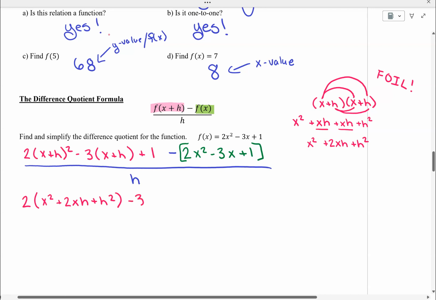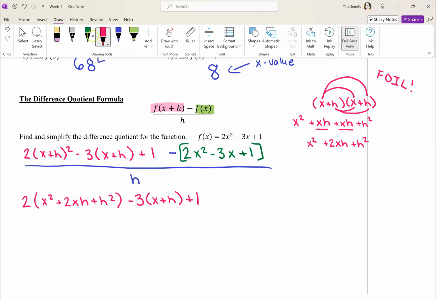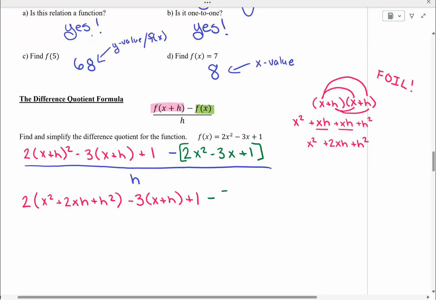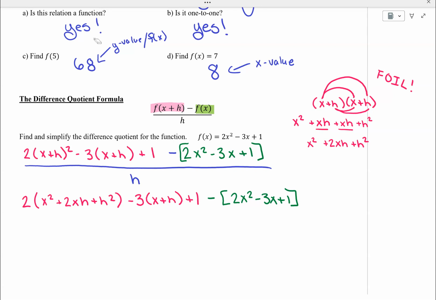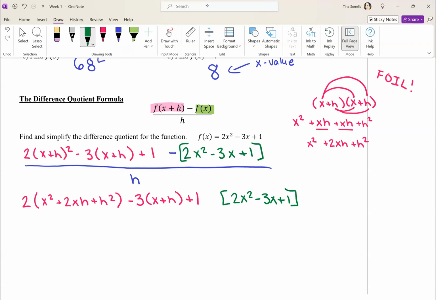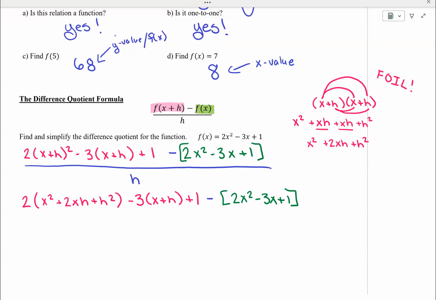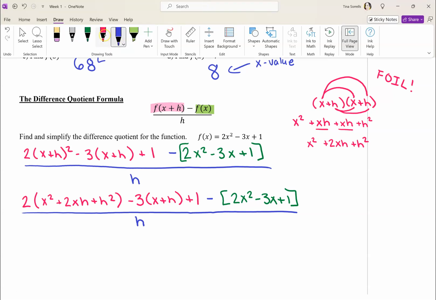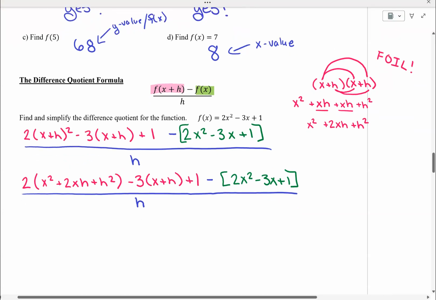And I'm actually just going to rewrite my problem right now, because I don't want to do too much at one time. I'm going to try to keep that color coordinated, so I'm going to change it to blue. Okay, so now we are going to go finish the pink part of the problem.